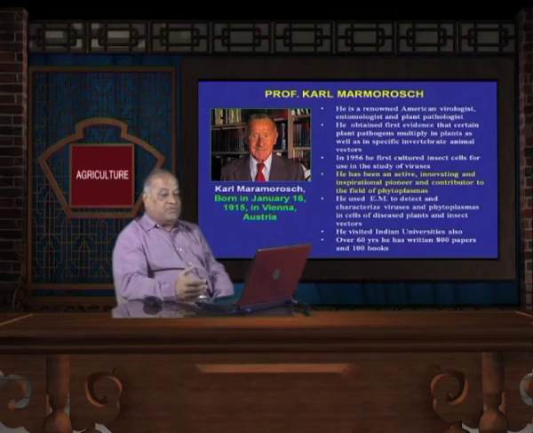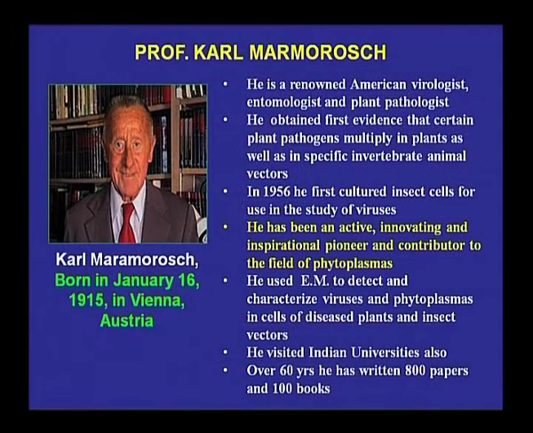He obtained first evidence that certain plant pathogens multiply in plants as well as in specific invertebrate animal vectors. In 1956, he first cultured insect cells for use in the study of viruses. He has been an active, innovating and inspirational pioneer and contributor to the field of phytoplasmas.